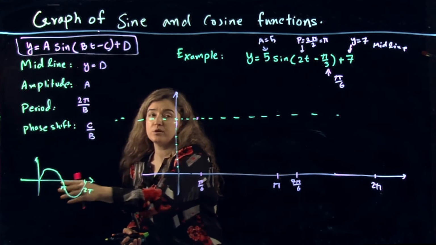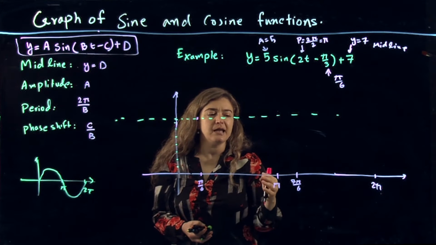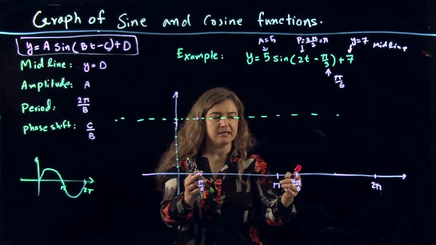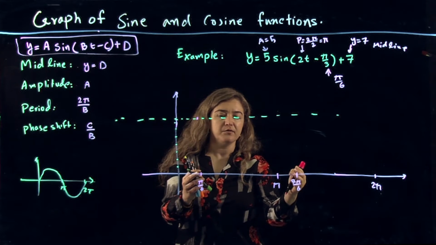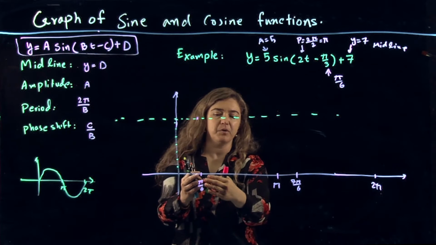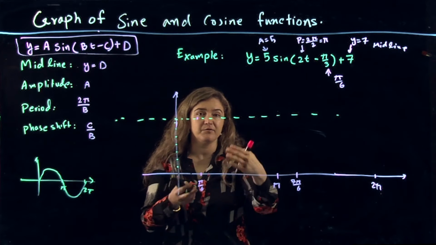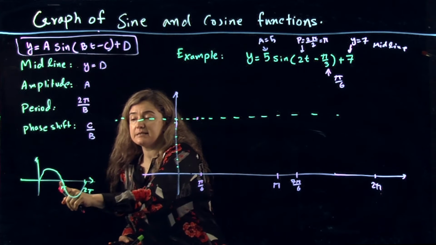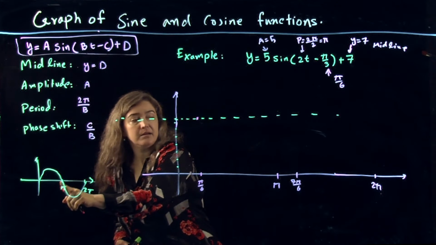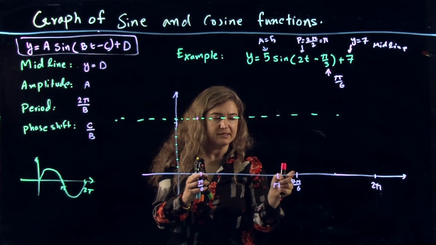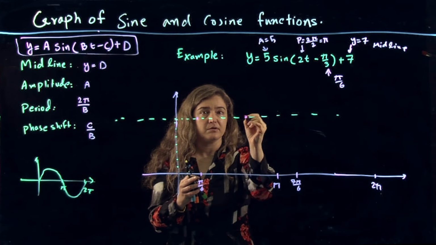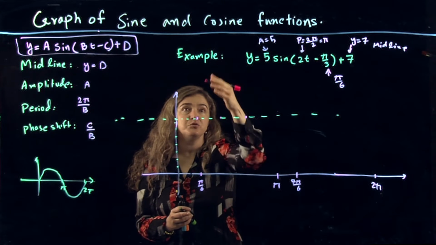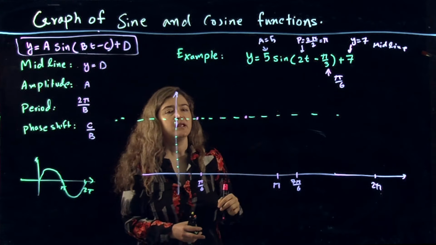Basically, the peak is at 1/4 of the period, which would happen if I take the period divided by 4, which is pi fourth, and add pi sixth plus pi fourth. Or I can just figure out where this 0 is happening again, right in the middle of these two, and then divide that by 2, and around here there should be a peak.